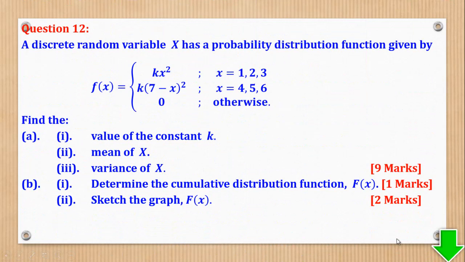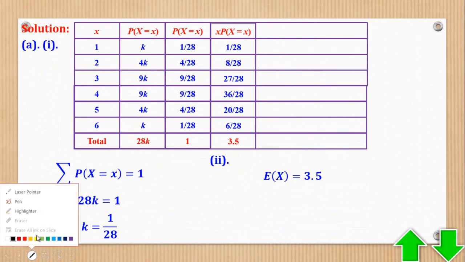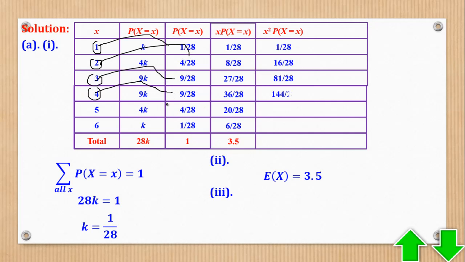Then Roman 3, they want variance. For variance, we shall need a column of x squared px. So this squared times this: 2 squared is 4 times this. 3 squared is 9 times this. 4 squared is 16 times this. 5 squared is 25 times this. 6 squared is 36 times this.